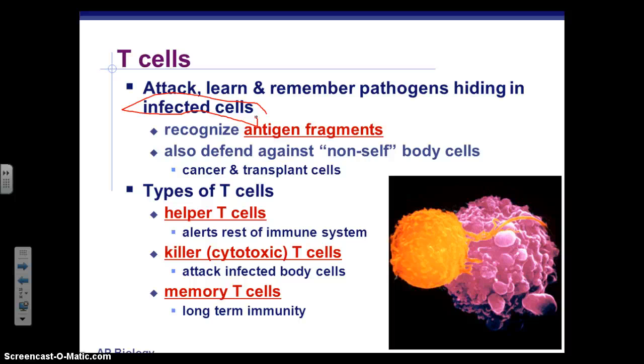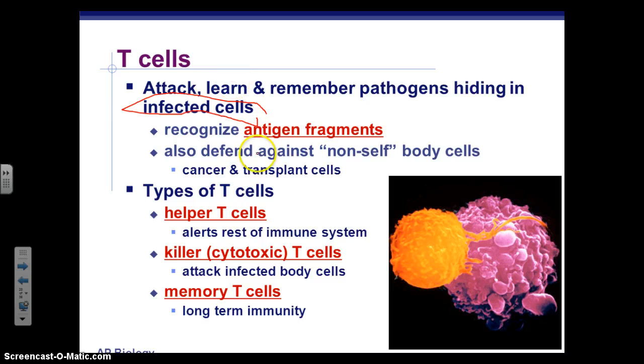An example is cancer treatments, and they've been doing this a lot actually, where they've seen that T cells are able to attack cancer cells in some cases and kill them. Also, if you get an organ transplant, the organ can be rejected because the T cells see these cells as non-self cells and begin to attack them. When you get organ transplants, a lot of the time you take immunosuppressants to prevent this from happening.